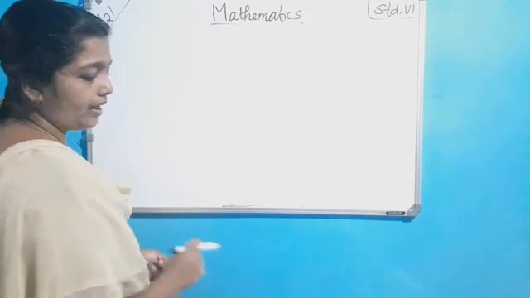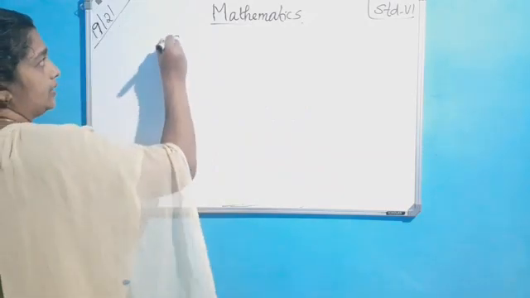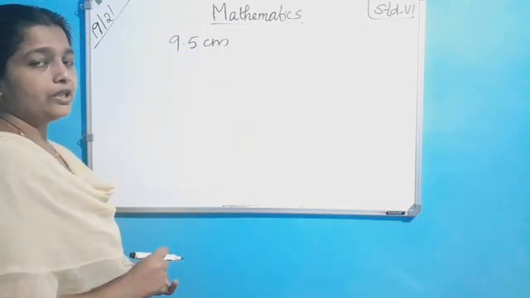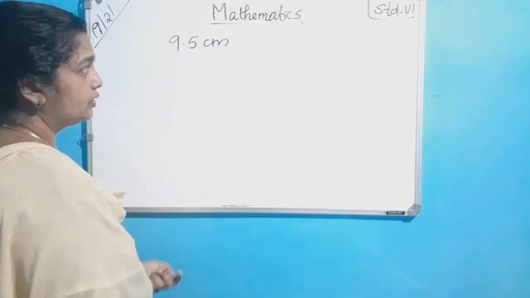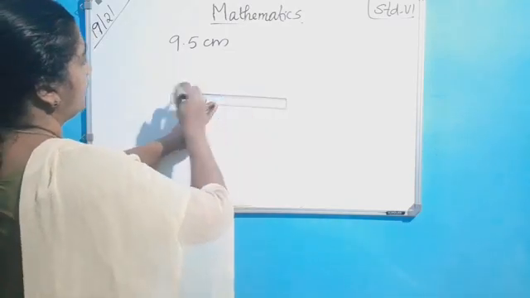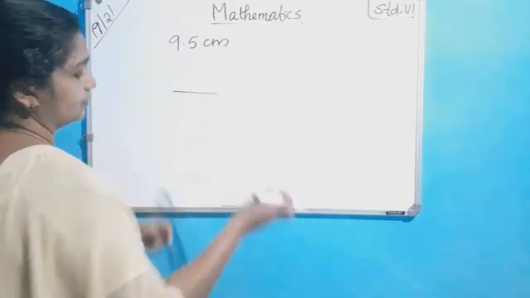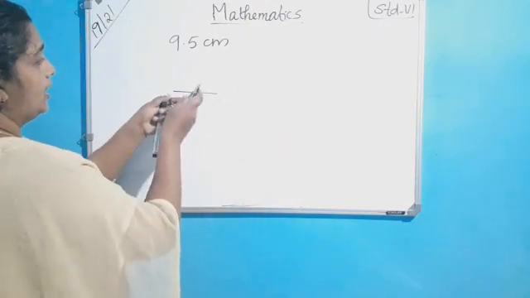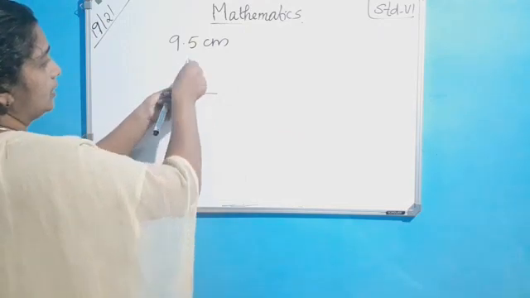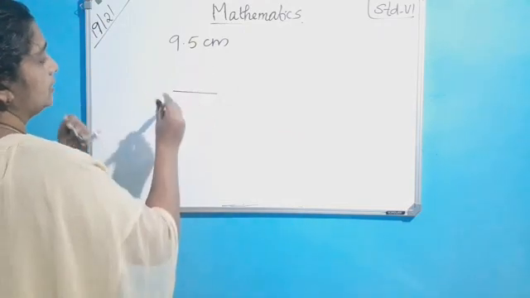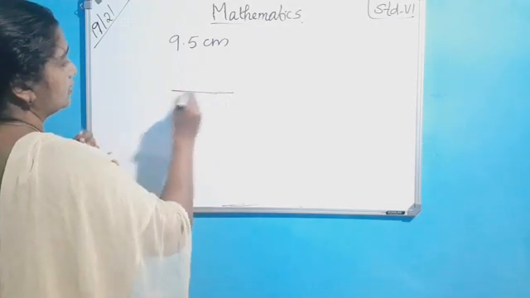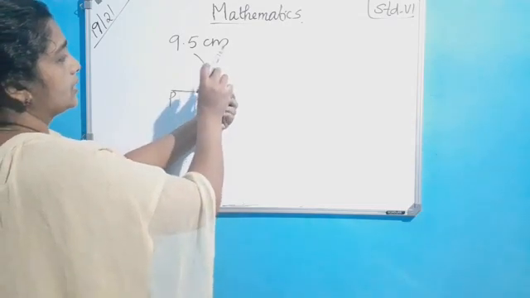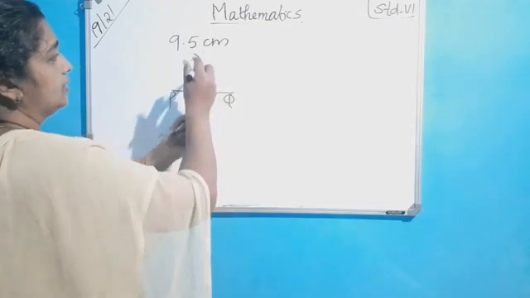Next question. Draw a line segment of length 9.5 centimeter and construct its perpendicular bisector. First draw a line segment of length 9.5 centimeter. Next, take more than half of the measurement and cut arcs up and down, which we can name P and Q. Again using that measurement, cut again.